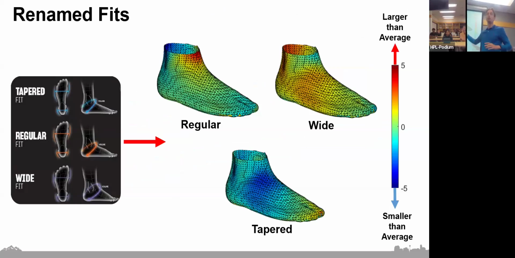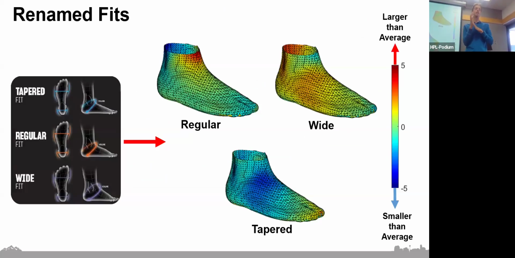The population is naturally segmented that way. But as you saw on those plots I just showed for Jake's question, the regular fit I generated is not necessarily the same as the regular fit that CCM already makes. So this is a population-informed regular, tapered, and wide.